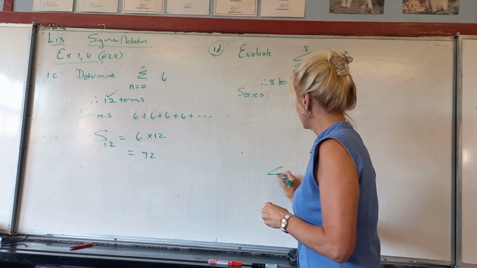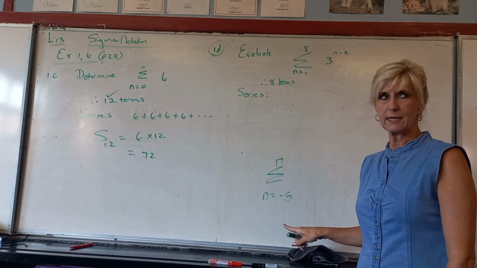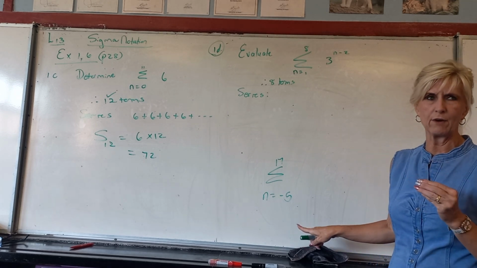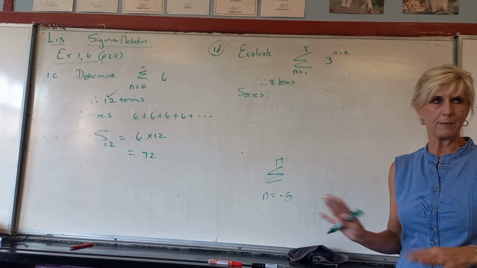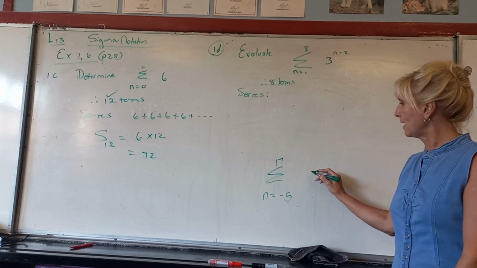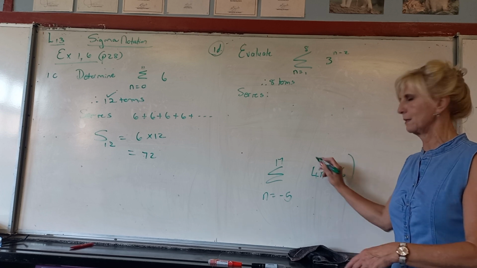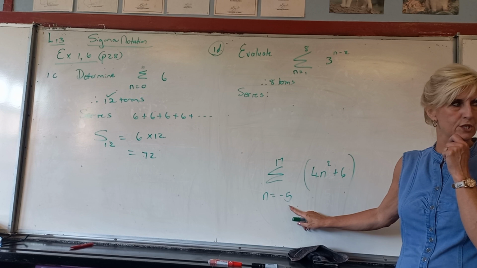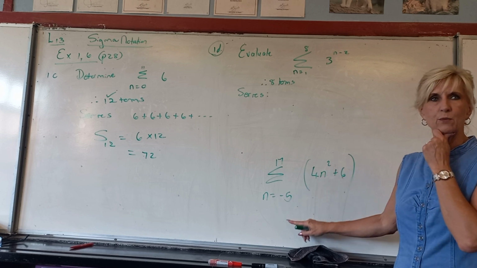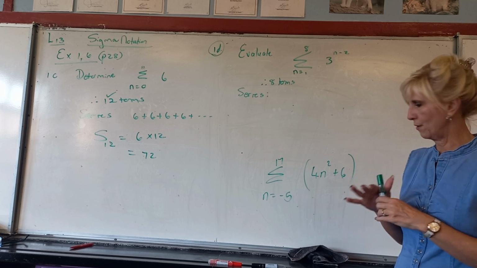So if it was the sum of n from minus 5 to 17, it doesn't mean I've got an n that's negative now. It is confusing because we tend to think n is the position number, but it's not. For n squared plus, I don't know what the general term is, for the first term, your n is substituted with negative 5, then with negative 4, then with negative 3. Are you getting this? All right.